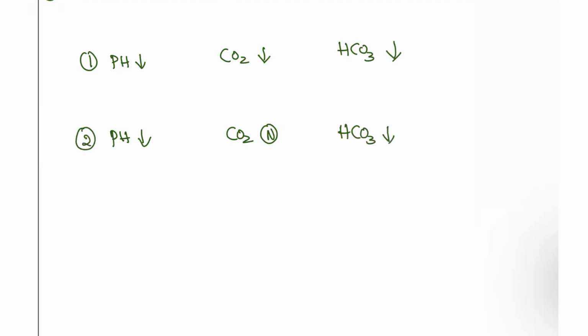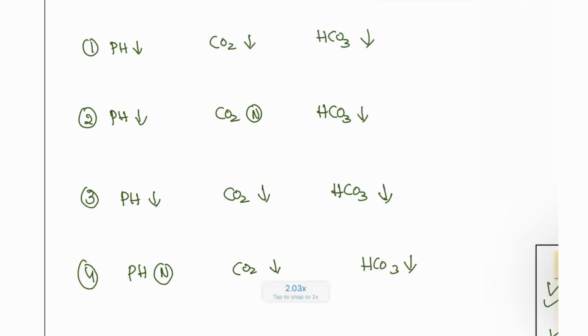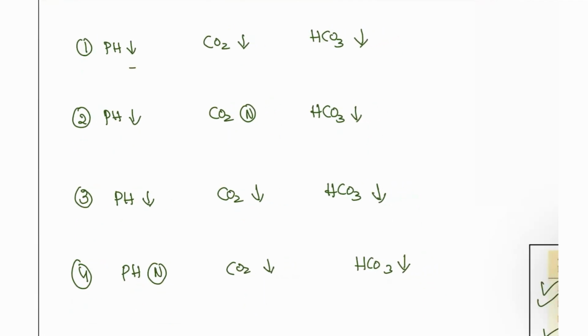Then after 3 hours, pH is decreased, CO2 is decreased, and HCO3 is decreased. After another 2 hours, pH is back to normal, CO2 is still decreased, and HCO3 is decreased. So what is the compensation we are going to understand here? This is the condition of metabolic acidosis. All of these conditions are metabolic acidosis only.